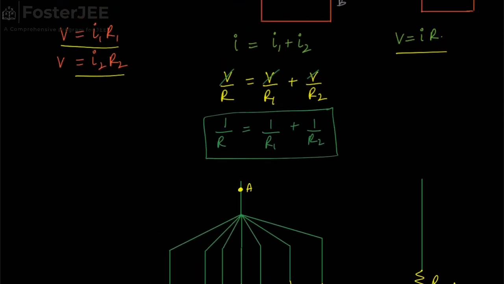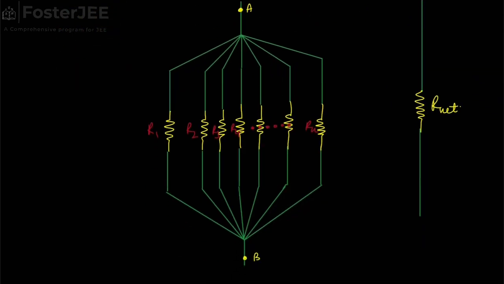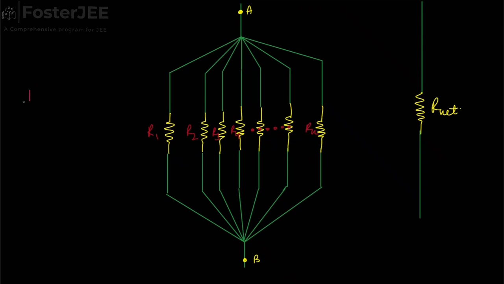From the above expression, we can say that the net resistance is given by 1 by R net equals 1 upon R1 plus 1 upon R2 plus 1 upon R3 plus dot dot dot up to 1 upon Rn.